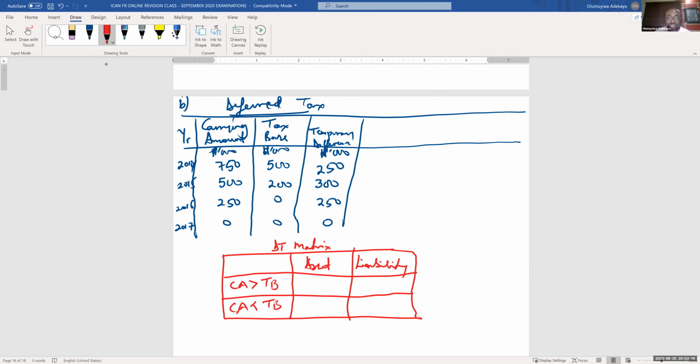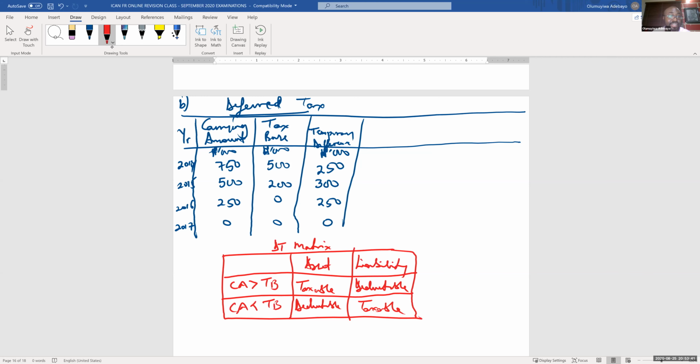Now, if you remember, we said by convention, where the carrying amount of an asset is greater than its tax base, what do we have? Taxable. When it's a liability, we have what? Deductible. Likewise, deductible and taxable.